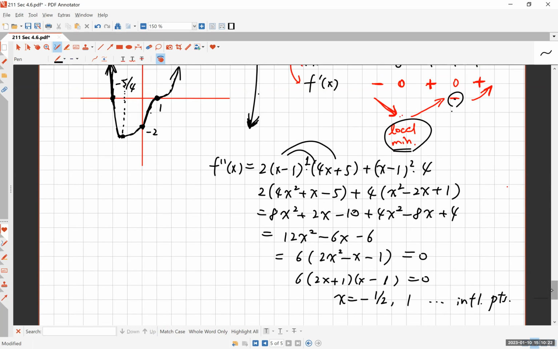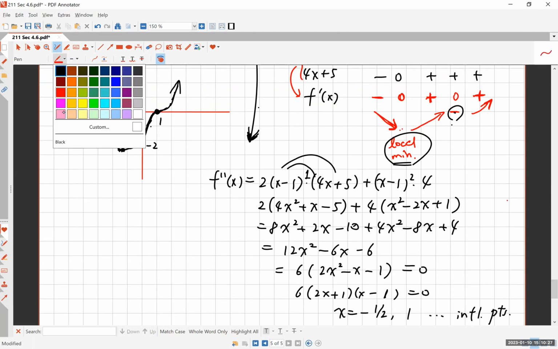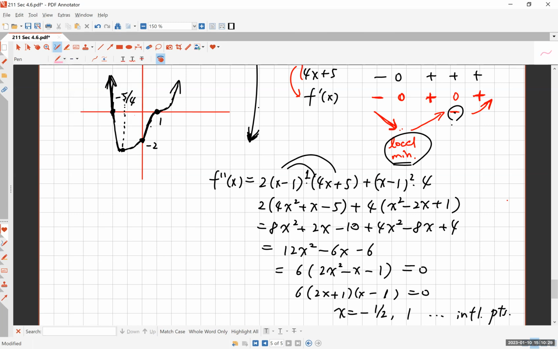You can do a sign chart if you like. What I am seeing here is -1/2 is around here. So there's an inflection point around here, and then 1 is another inflection point, and that seems to be the right place.